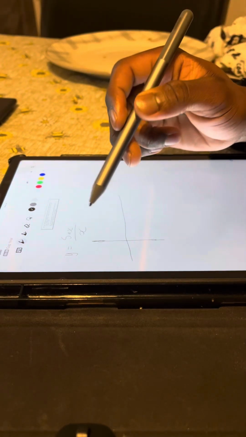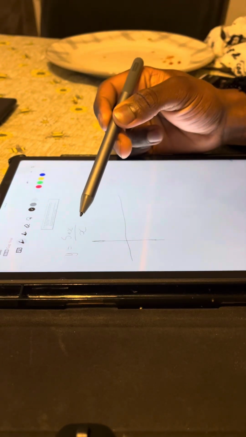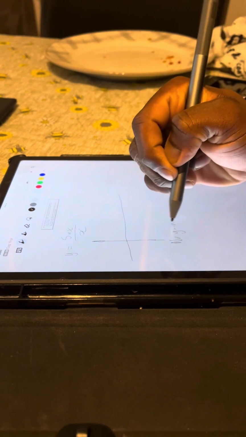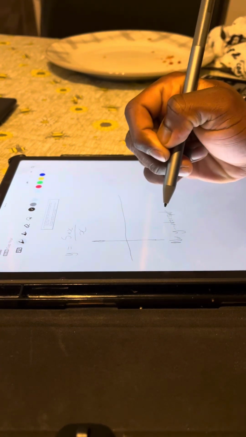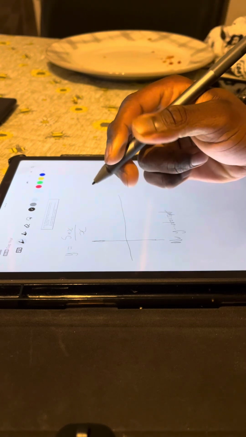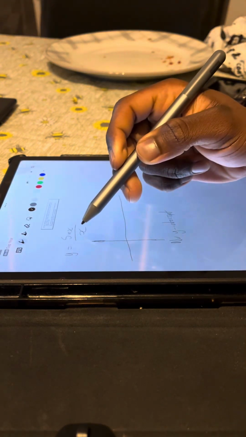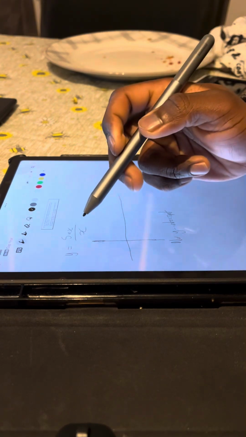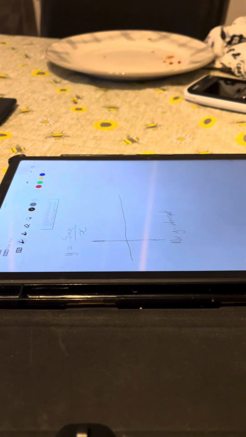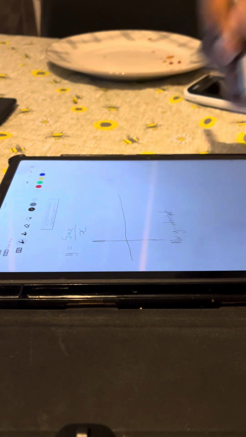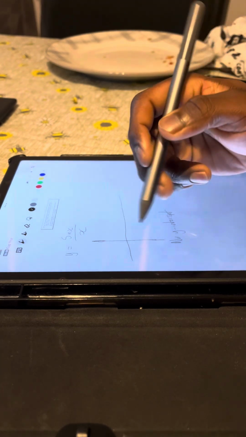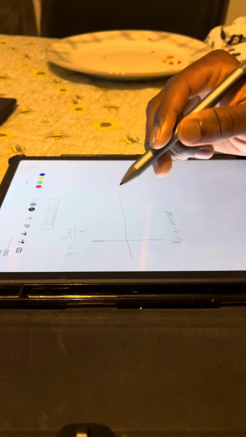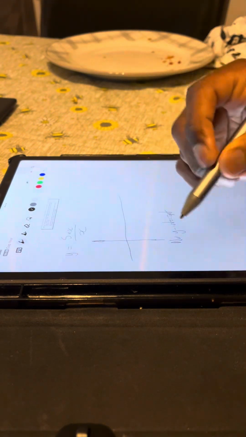Anyway, so we'll start with the intercepts. Obviously there is no y-intercept, because if there was a y-intercept then x would have to be 0, but x cannot be 0 in this case because you can't divide by 0, since x is at the bottom. And then for the x-intercept, it will be when y equals 0.